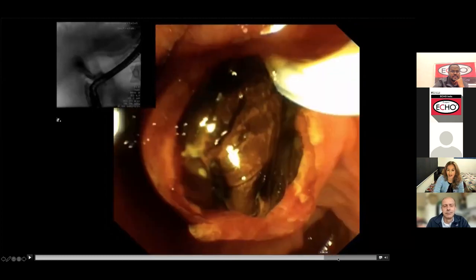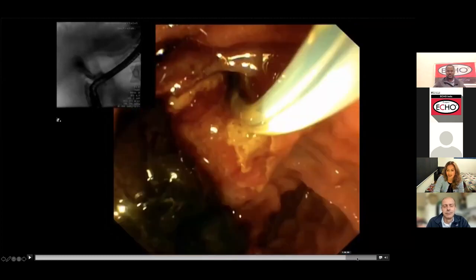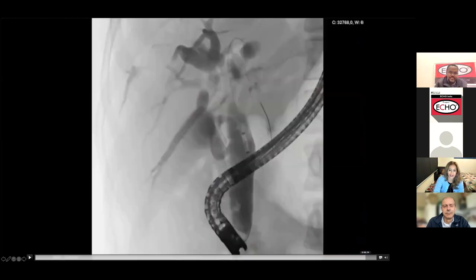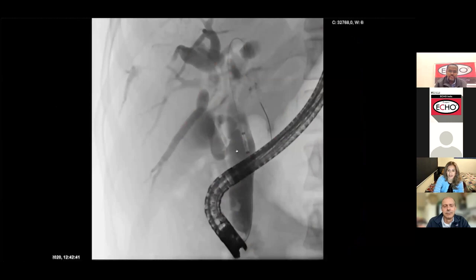And the post-procedure cholangiogram, which I'll just flick through, shows there's much better clearing and opacification of the ducts now. You can see the cystic duct and the proximal bile ducts.